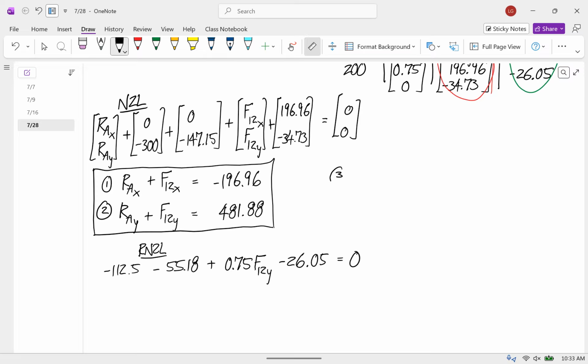And that gives us our third equation that says 0.75 F12Y is equal to 193.73.